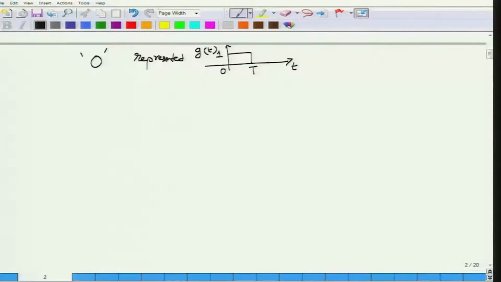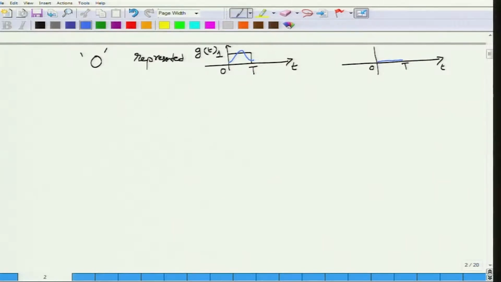You could, for example, go in the conventional way and say, I do not want to transmit a pulse, but I will transmit nothing for a duration of T seconds in order to represent the symbol 0. So this choice of whether transmitting a pulse, or the pulse need not even be of this shape, someone might actually say I will transmit this pulse, right. So the kind of waveform representation that you give for the symbols is determined entirely by you.